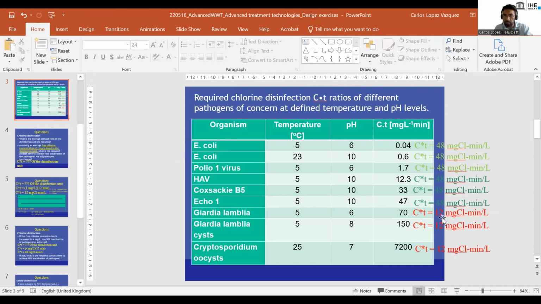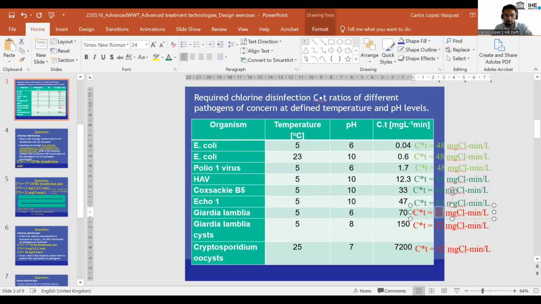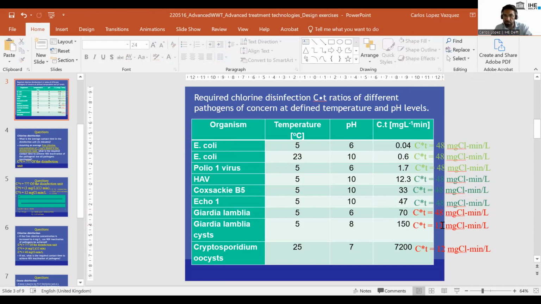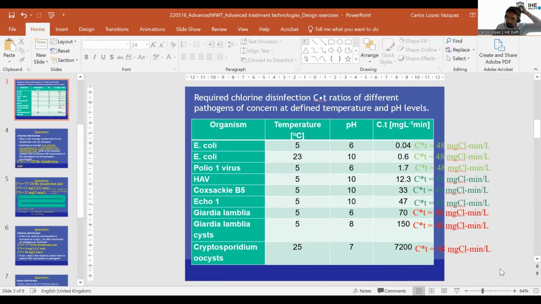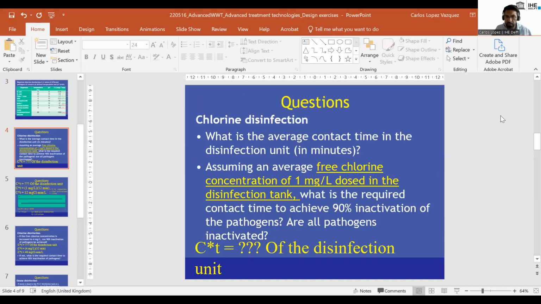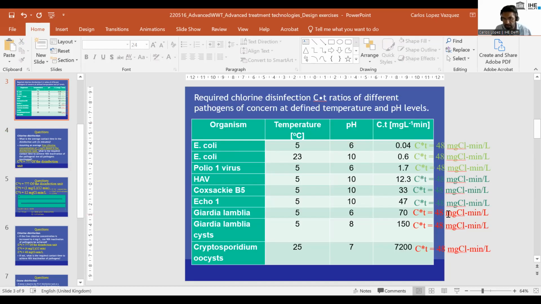So Giardia requires 70 and I have only 48 if the concentration is increased to 4. So what else can I do? So if I check the values, I see that is 48. That is not sufficient to inactivate Giardia lamblia and is very far from inactivating Cryptosporidium.